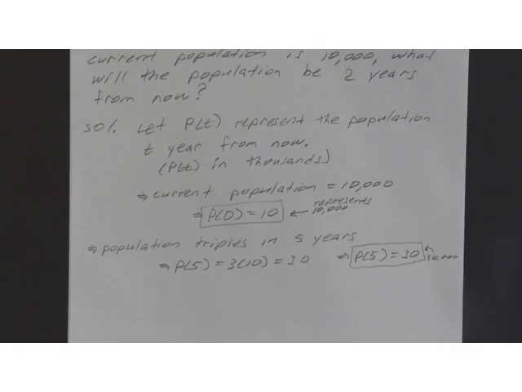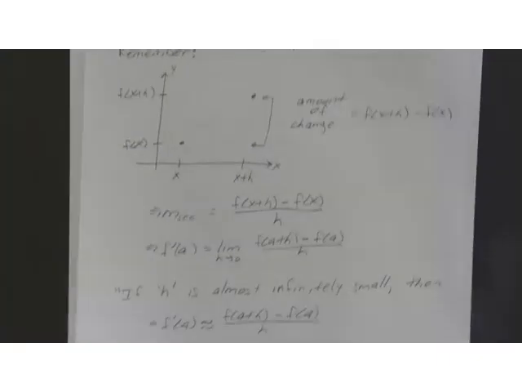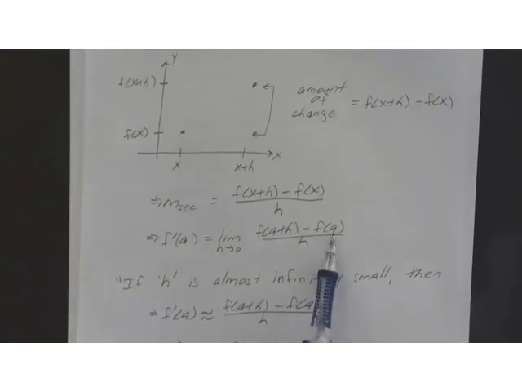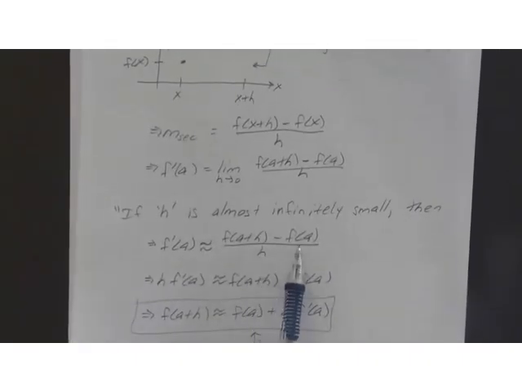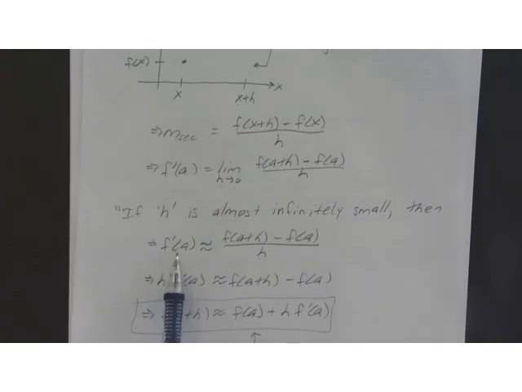Okay, so we have our P of 0 and our P of 5. We have to find our f prime, well, p prime of a in this case.